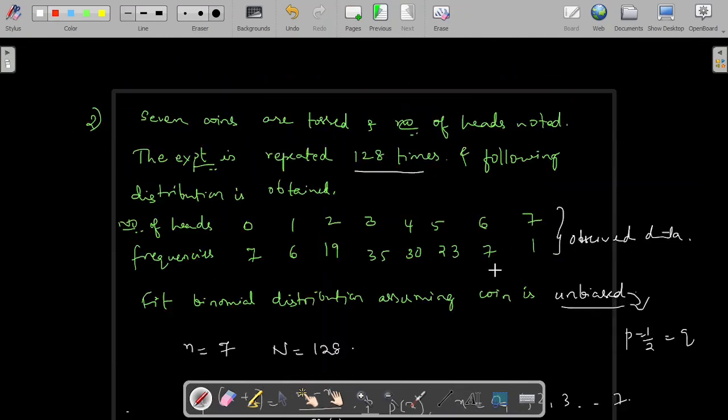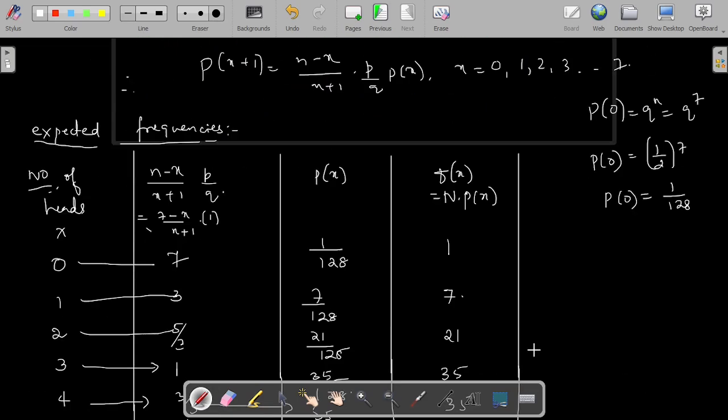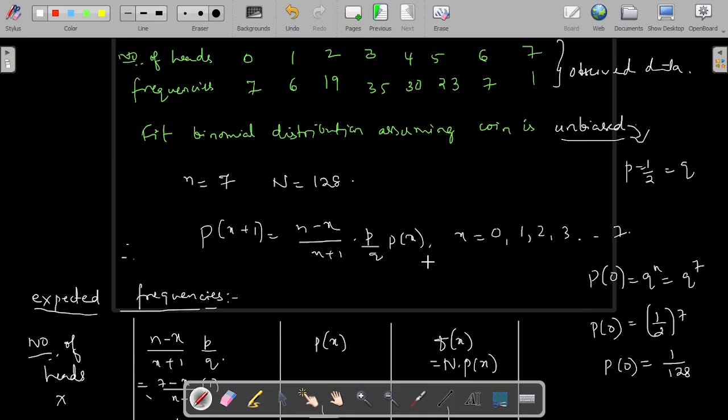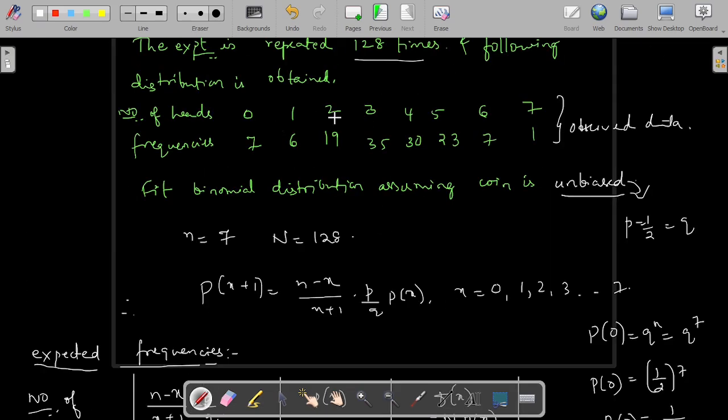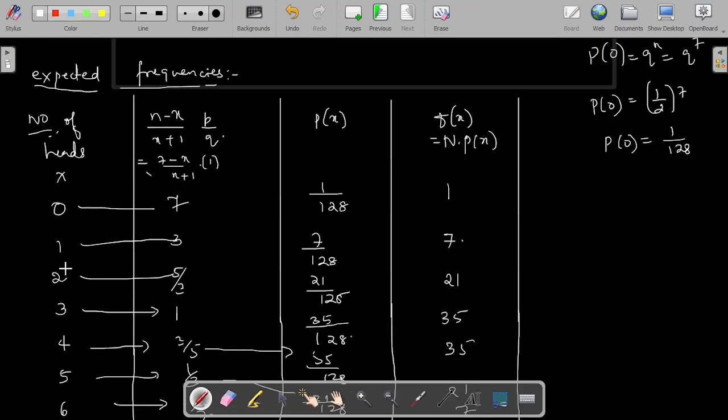You can compare with the observed values. See, for 0 heads, the observed is 7 and expected is 1. There is a difference. For 1 head, observed is 6, here it is 7. Then for number of heads 2, the frequency you got is 19, here you got 21. Almost the same, at some values it differs.